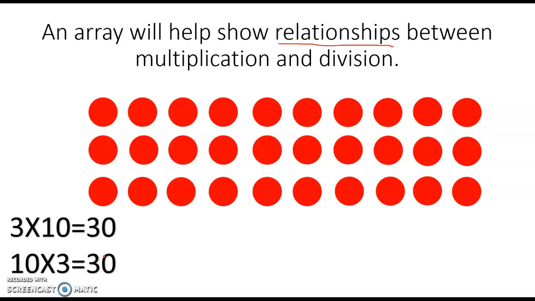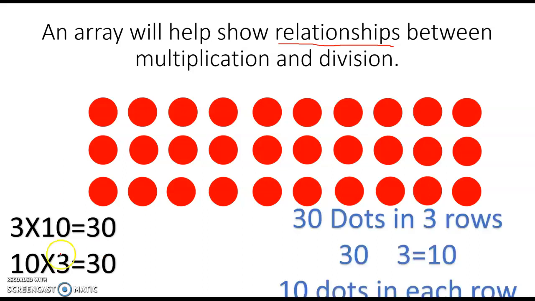Well, we can also turn this into a division problem. There are 30 dots altogether. Okay, if we separate these 30 dots into 3 equal groups, 1, 2, 3. How many do we have in each group or row?